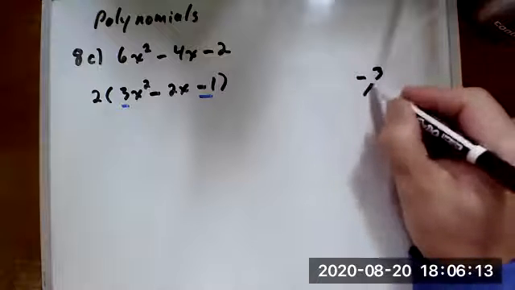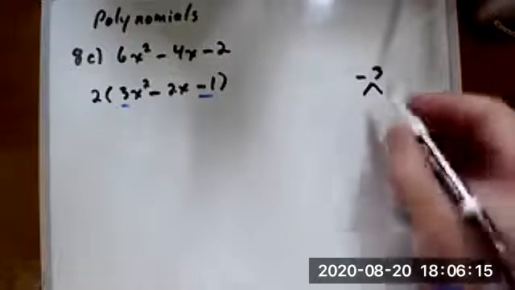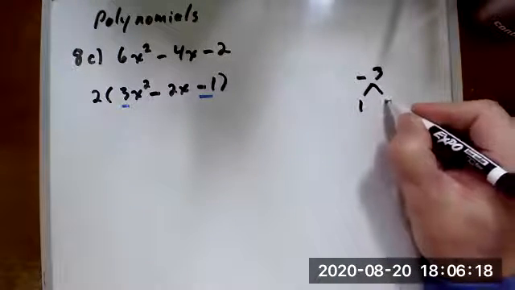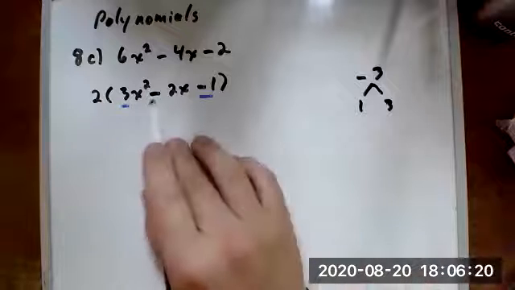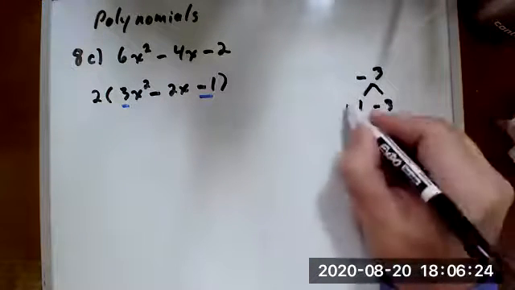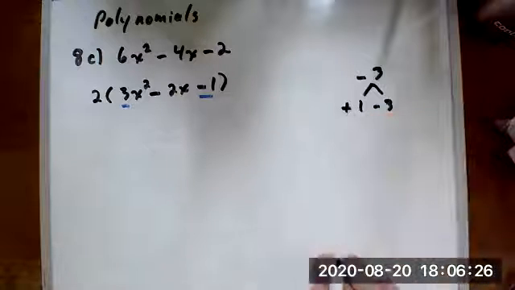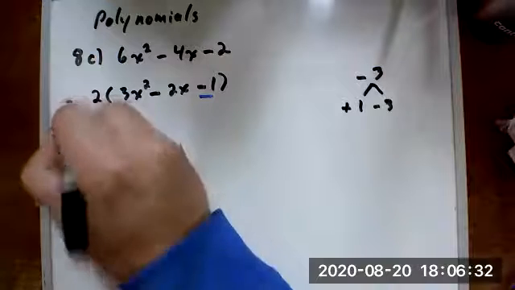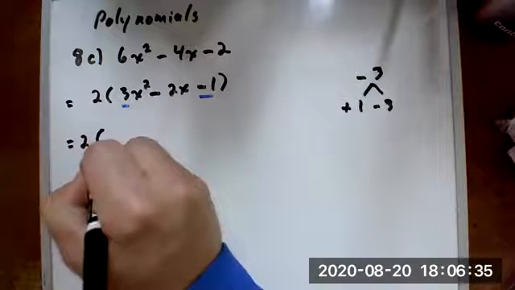The joy of -3 is there's only one way that this can go, and it's 1 times 3. Now I'm trying to get to -2, which tells me that I want a -3 and a +1. So I'm going to go ahead and do that.